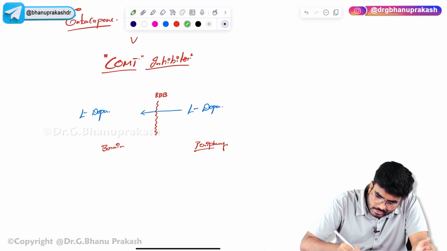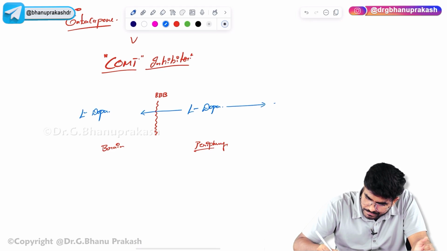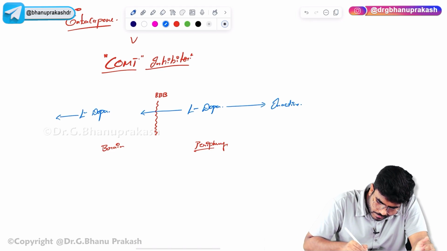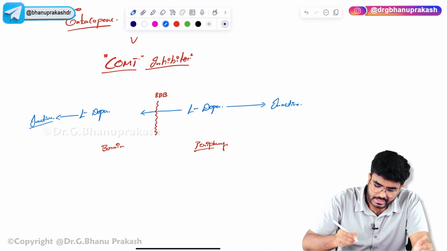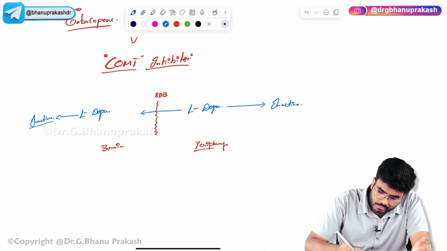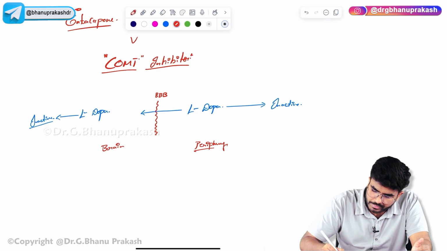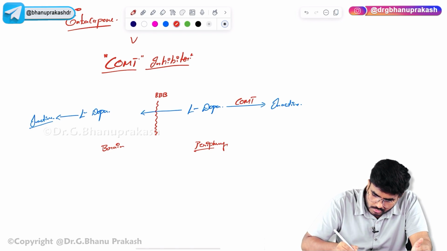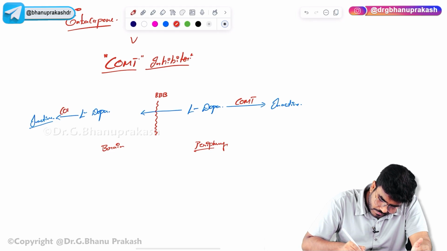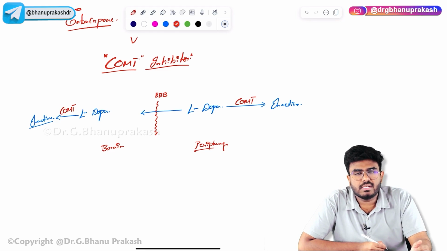But this L-dopa will be metabolized. It becomes inactive. Whenever this L-dopa is there, it will be broken down into an inactive state, or useless products, with the help of COMT. COMT is present both in the periphery as well as in the central nervous system.